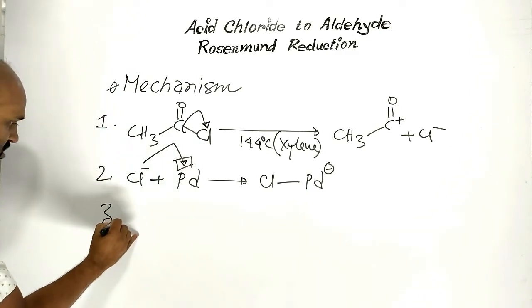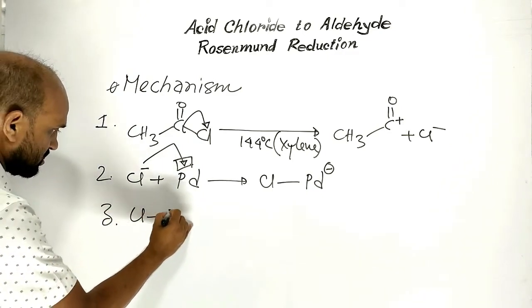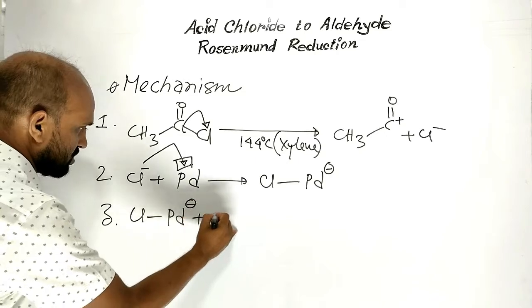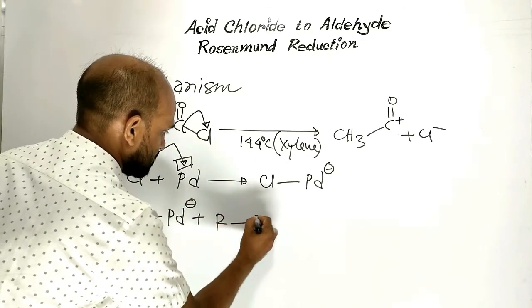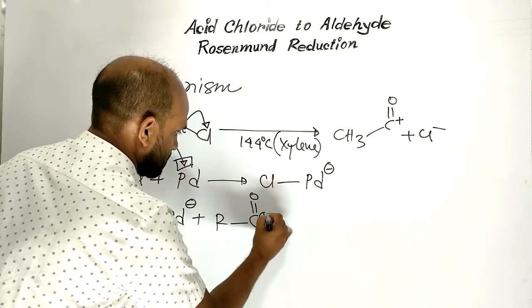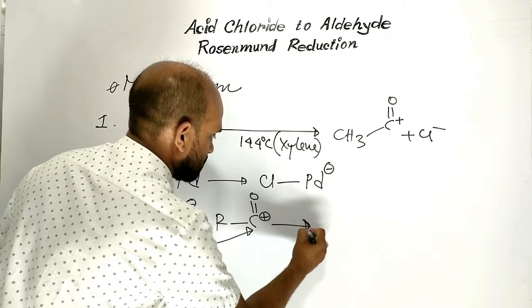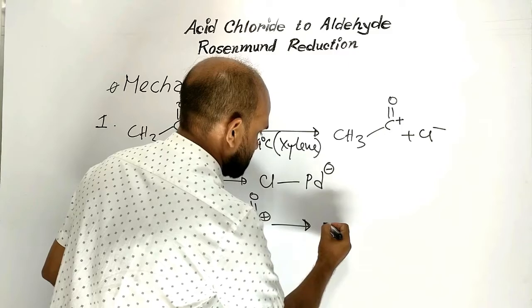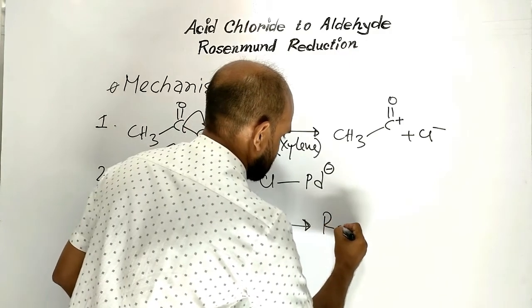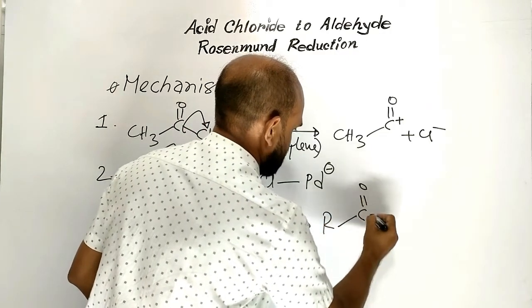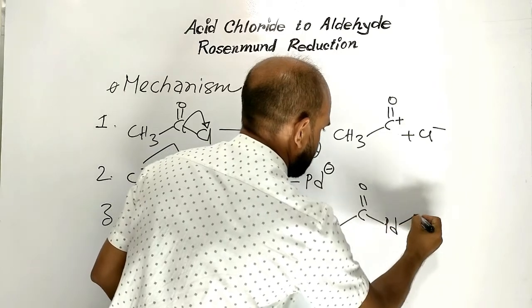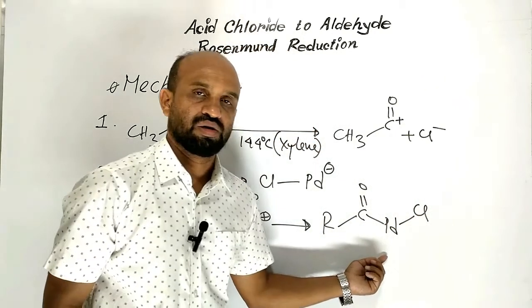Step 3. This ion combines with this ion to form this species, palladium chlorine.